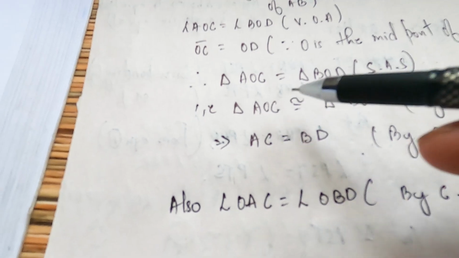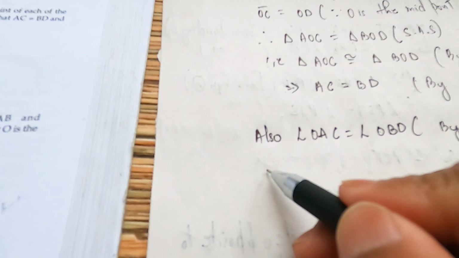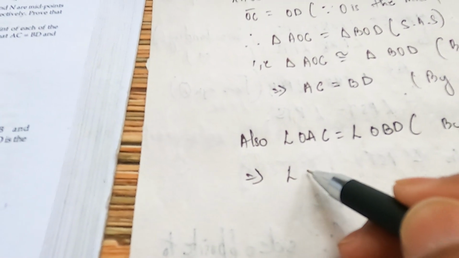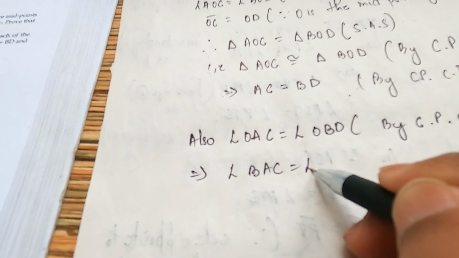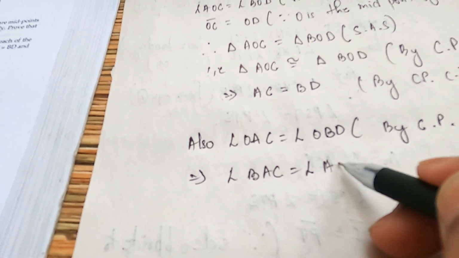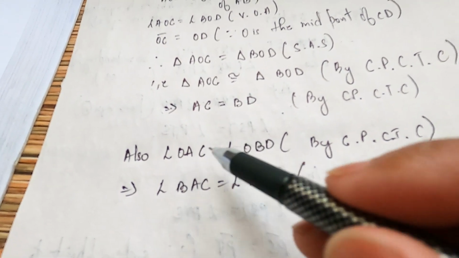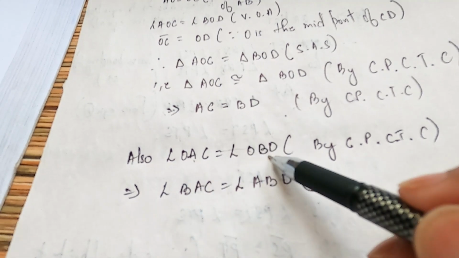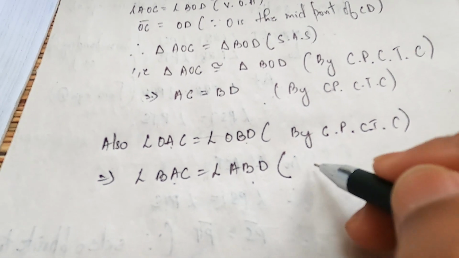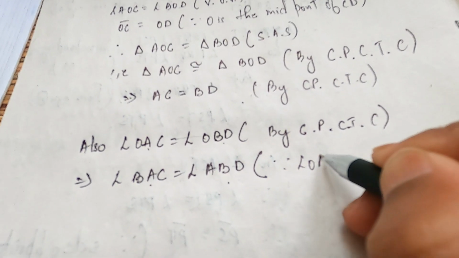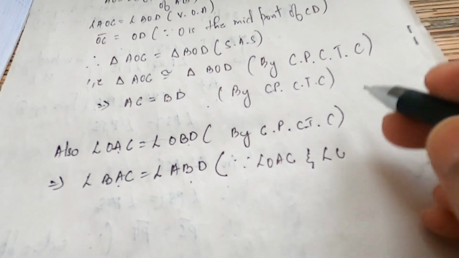Since we have proved that the two triangles are congruent, which implies that angle BAC is equal to angle ABD. What is the reason for this? Since they are the same angles, here angle A equals angle B. I will write the reason here: since angle OAC and angle BAC are the same angle.